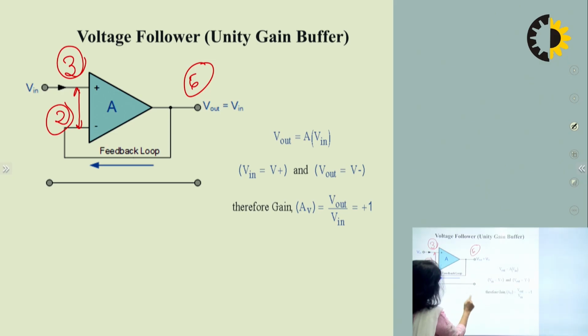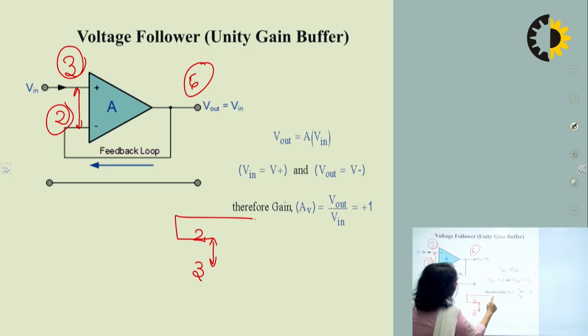Drawing the equivalent circuit, this is my pin number 2, this is my pin number 3, and between pin 3 and 2 we have the virtual short. Pin number 2 is fed back to pin number 6.